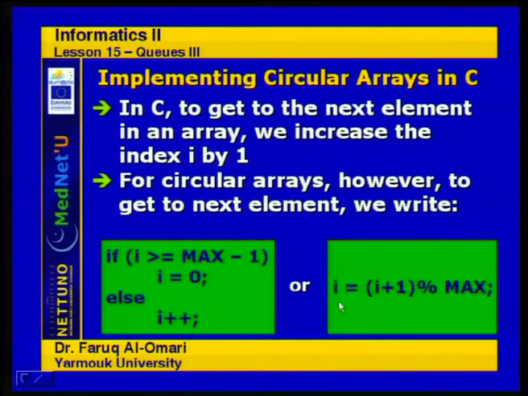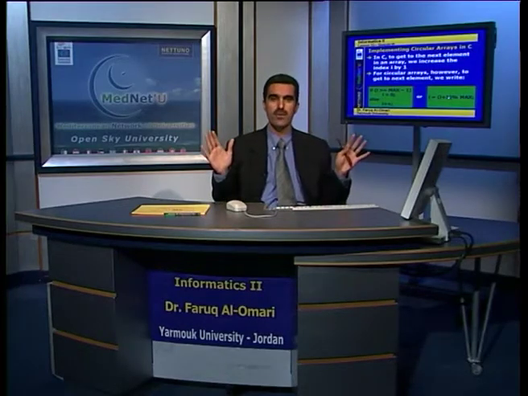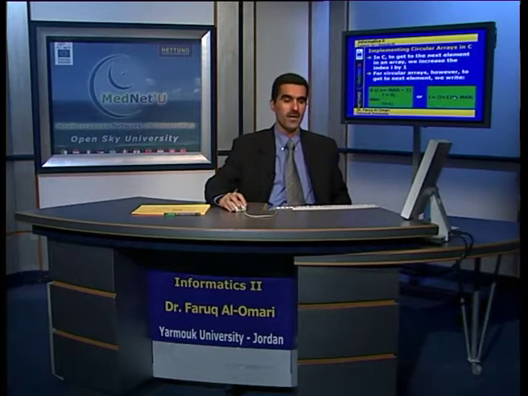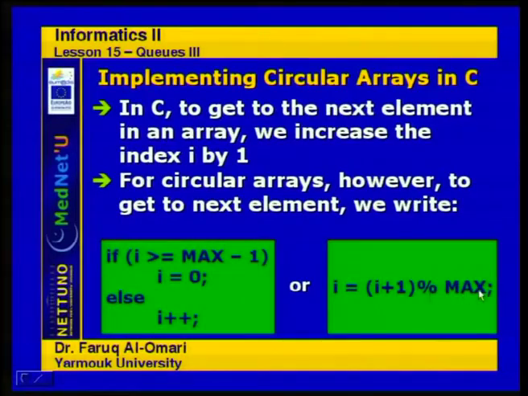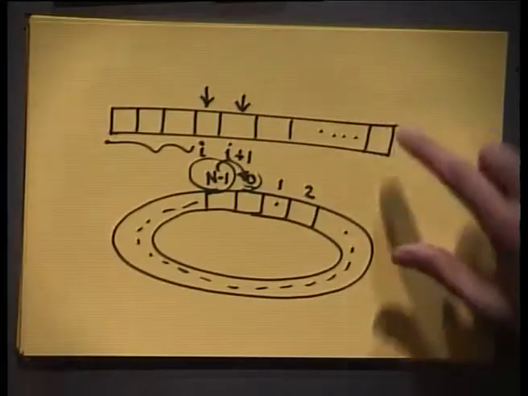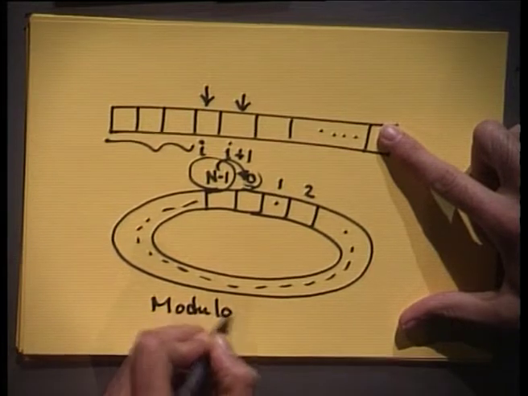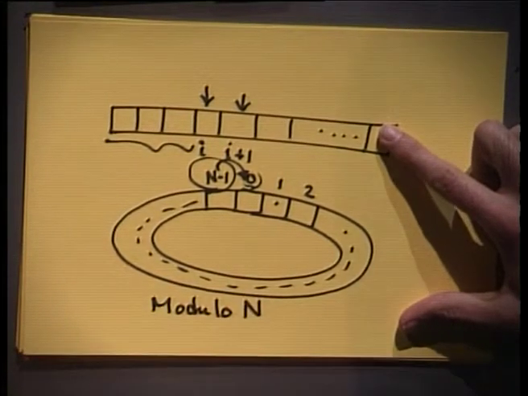What we're saying in here is that the new index is simply I plus 1, so I'm incrementing by 1, but not absolutely, rather taking the modulo of max, and that max is the maximum number of entries I have in my array, in this case n. So this is a modulo n kind of function.